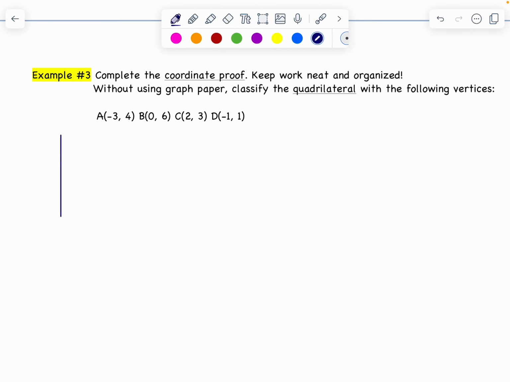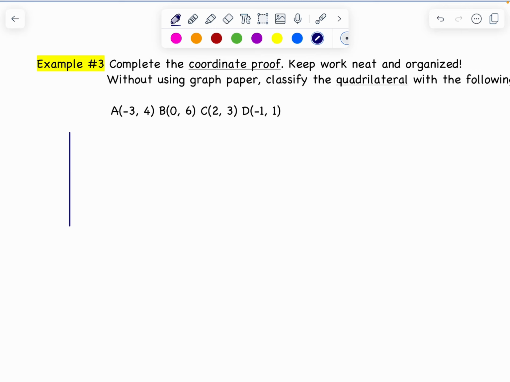Who knows? Now, I'm not opposed to you sketching a graph just to kind of see where A, B, C, and D lie in relation to one another, but you cannot use that in your proof, right? You're just using that as kind of a visual. So let's see if I'm just eyeballing. That line is super crooked. You know, I can't live with that. Okay, here we go. All right. So let's see, negative 3, 4. Again, I'm just kind of eyeballing. It doesn't have to be perfect. So let's say A is hanging out there-ish.